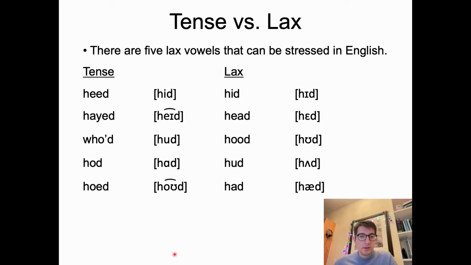So the thing about these is that these are 5 lax vowels that can be stressed in English, but they do not appear at the end of a syllable. So you cannot have a word such as this one, he, instead, you can have he, right?